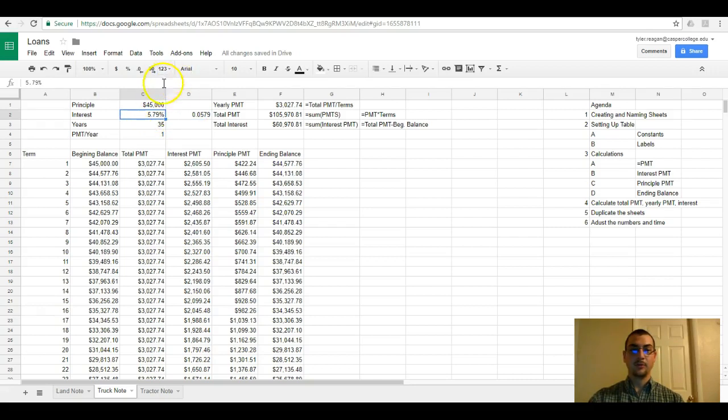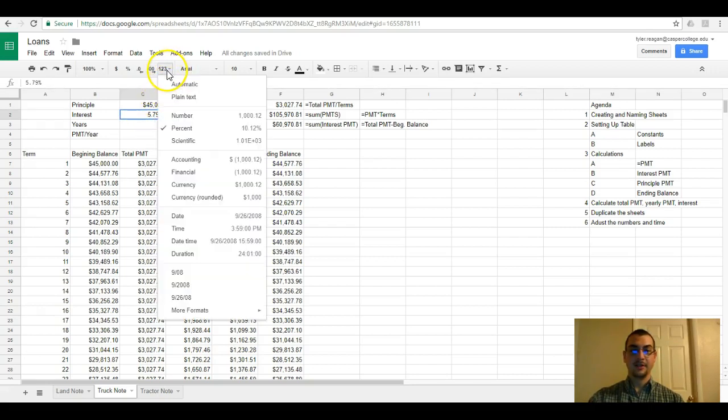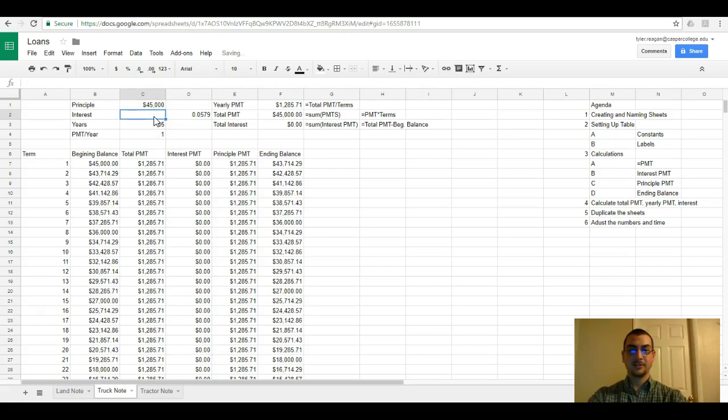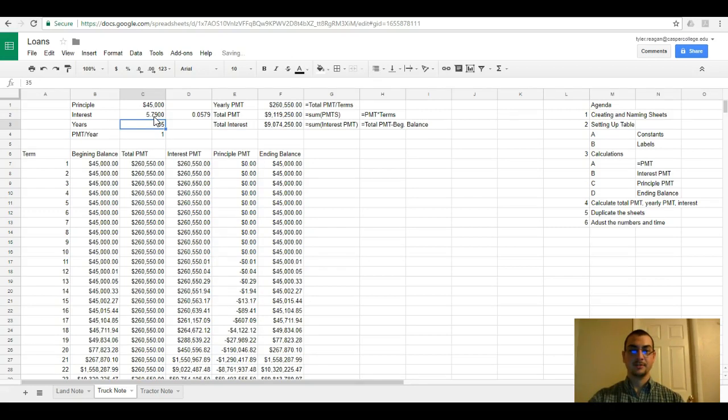So if I were to go up here and take this interest and go back to, say, number right here, it's going to look like 0.579. So don't get that confused with saying, all right, this is actually going to be 5.79%, because that is not correct.